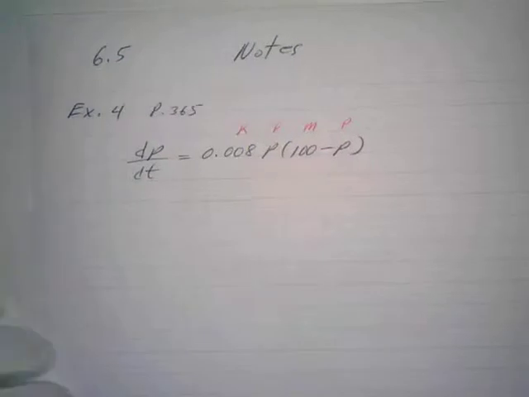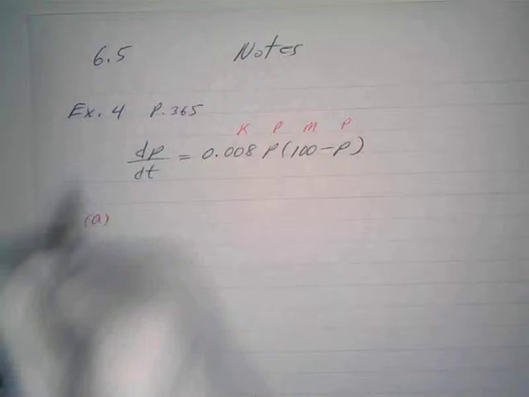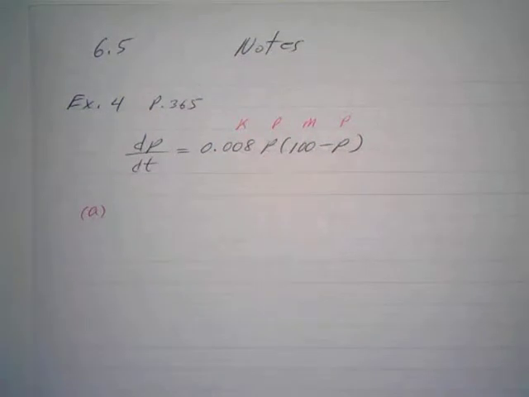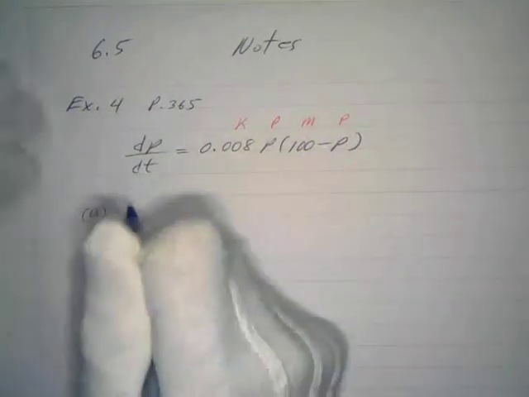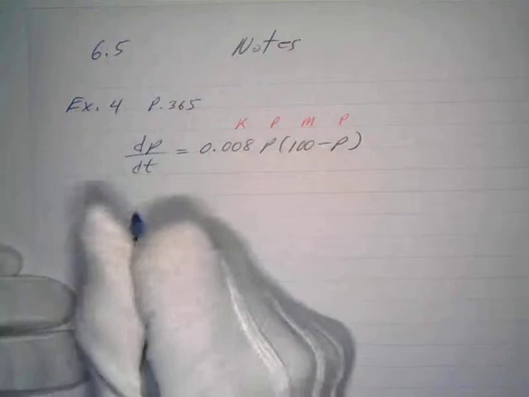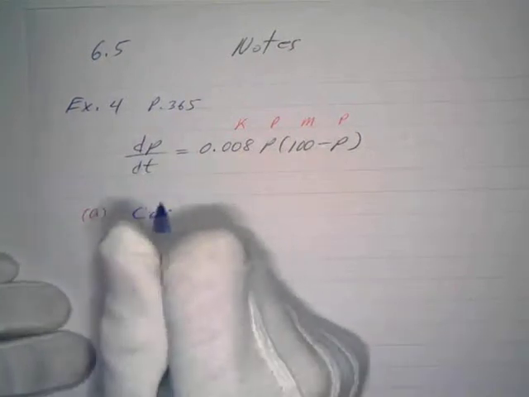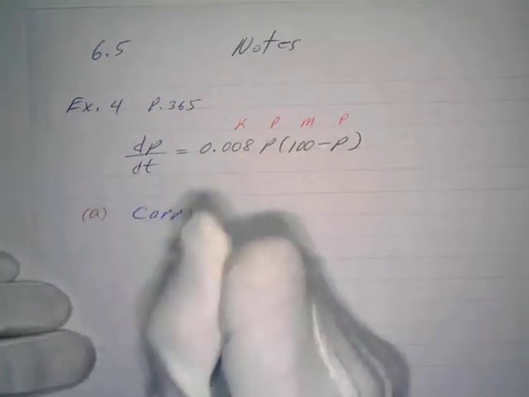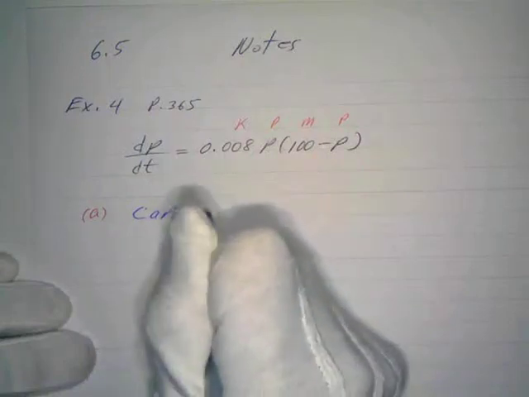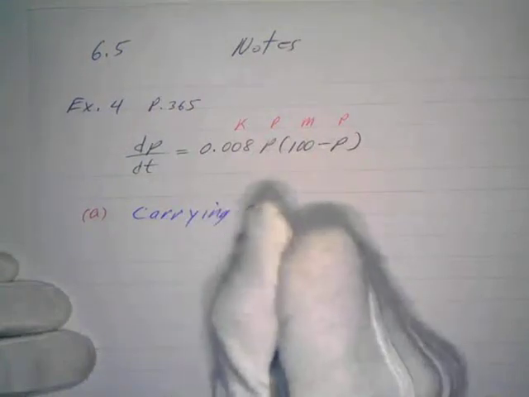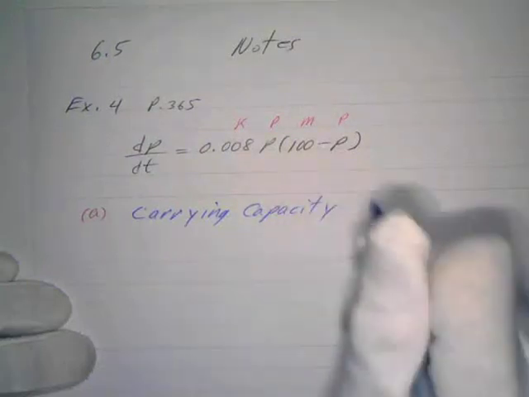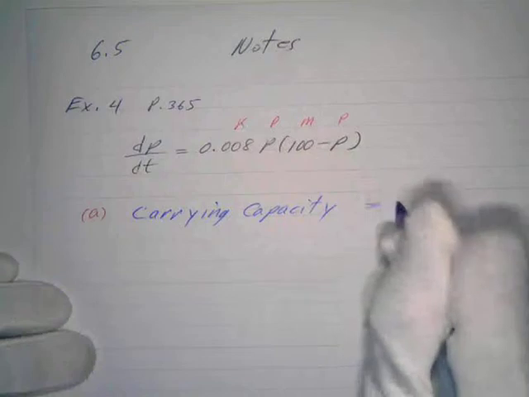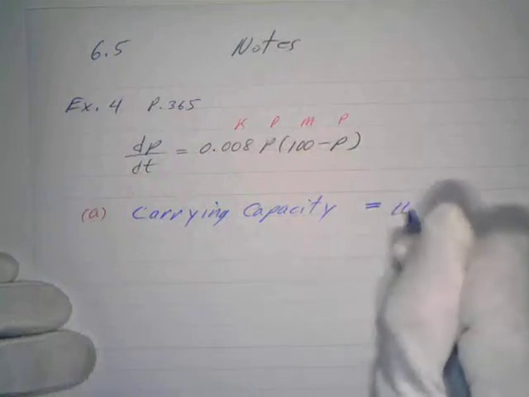Letter A asks, what is the carrying capacity for the bears in the wildlife preserve? Well, carrying capacity is M, so once we identify this, it's just 100. The carrying capacity equals 100.